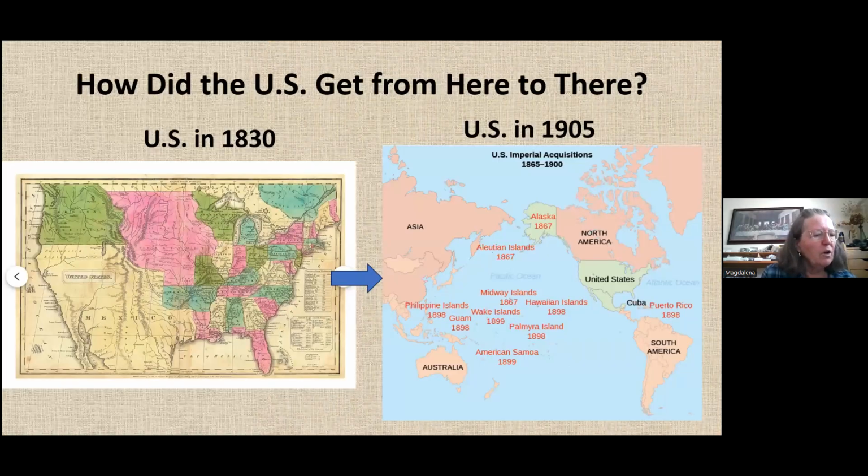So how did the United States get from the territories held on the left in 1830 to what you see on the right in 1905? You can see there is Alaska, different islands and so forth, all incorporated into the United States.